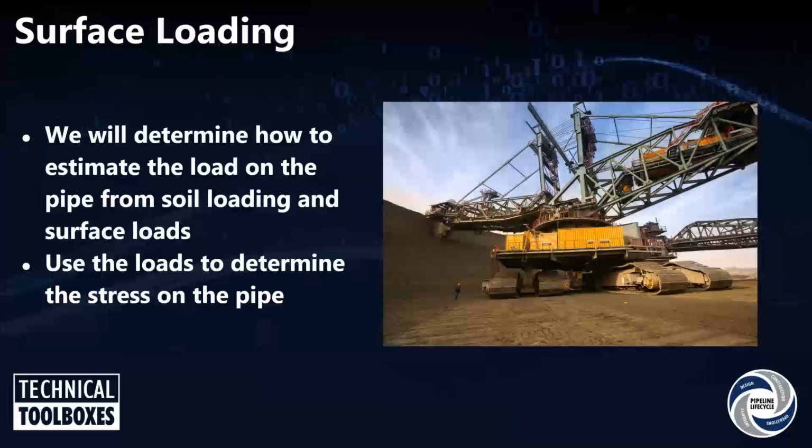So not only do you have to do a surface loading analysis the normal way, but you also need to look into the vibration from construction equipment. Later on, near the end of my presentation, I'm going to touch on how to assess vibration from construction equipment such as a vibratory compactor. Next slide, please.